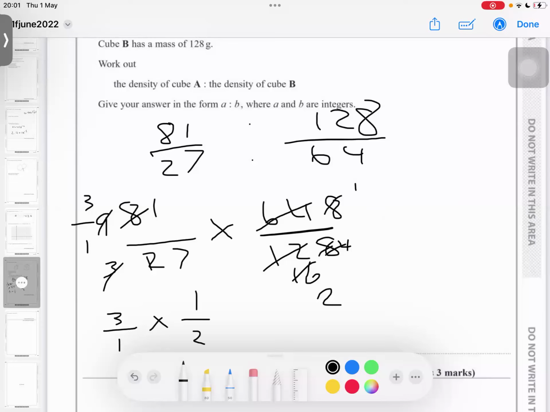So that's going to be 3 over 2, isn't it? Which is as good as 3 is to 2. So you can just leave it at 3 is to 2. That's the ratio format. It was actually a ratio we started with. So that's it.